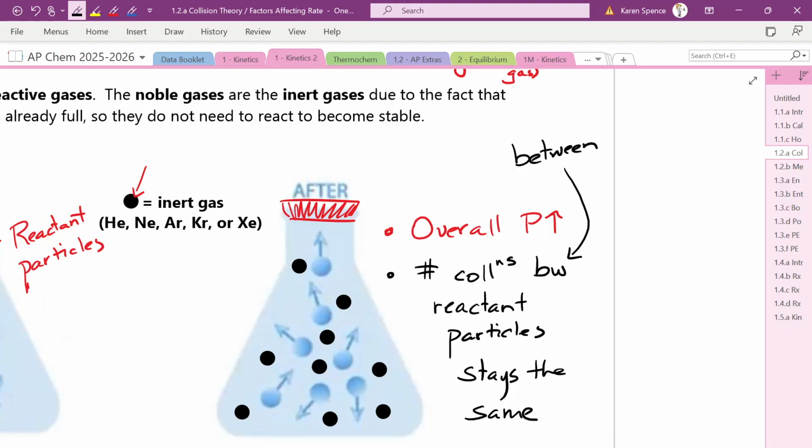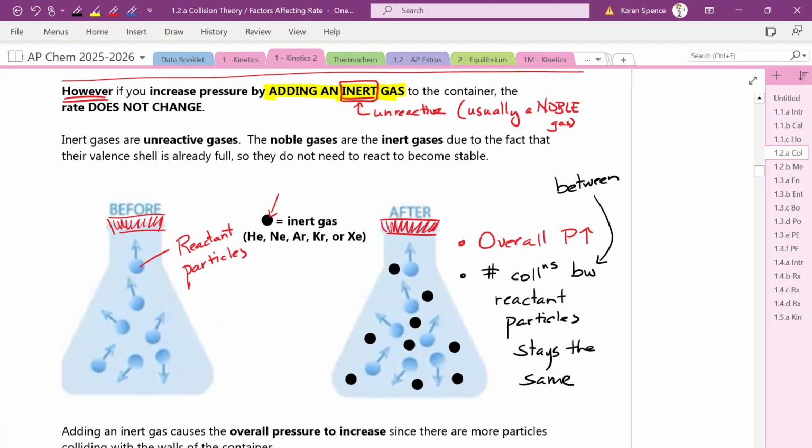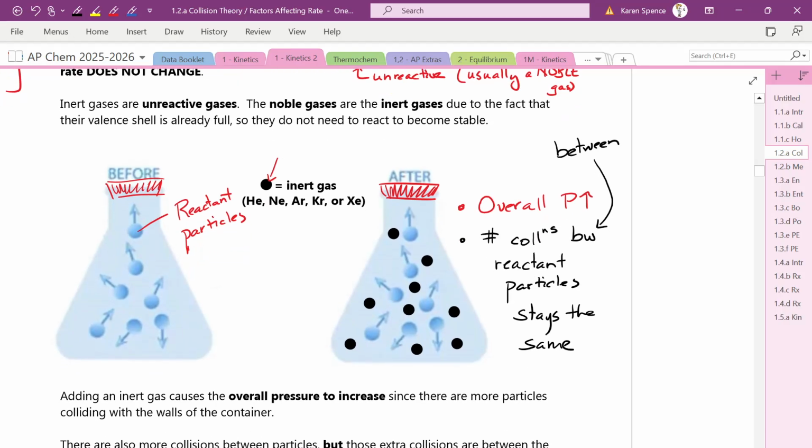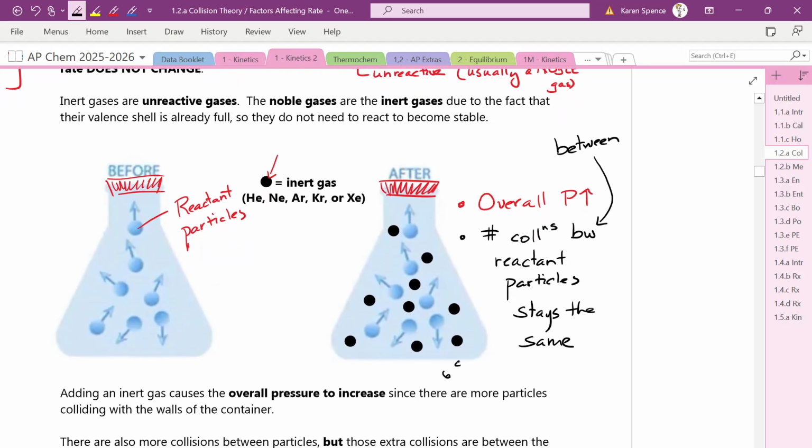We're going to assume that they take up no space at all. And if you imagine these particles taking up no space, then the inert gas just doesn't affect the collisions at all. So there's no change in the rate.